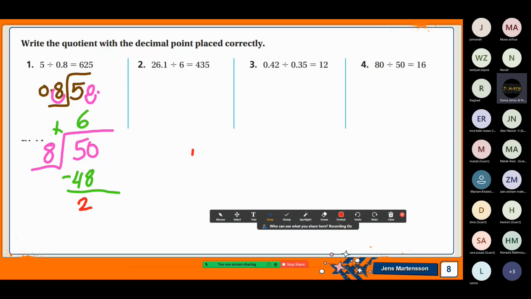Yes, we have. So what do you have to do next? The remainder is less, so it's correct. Then what do you have to do next? In this lesson, I want to divide without a remainder.